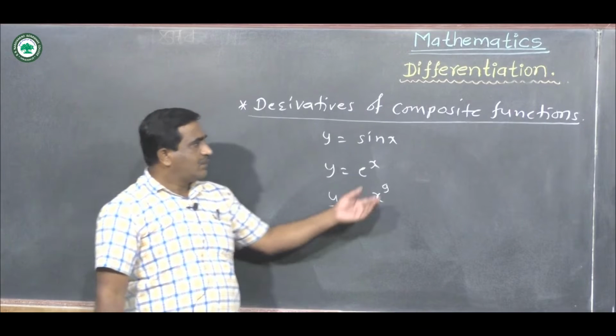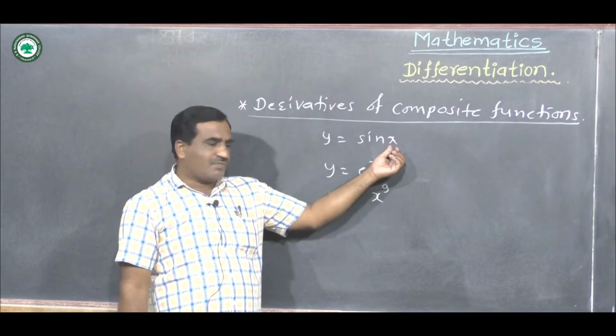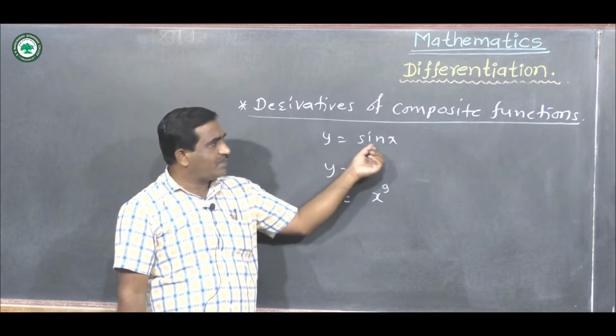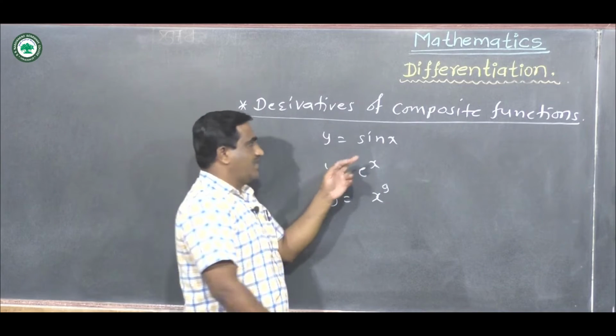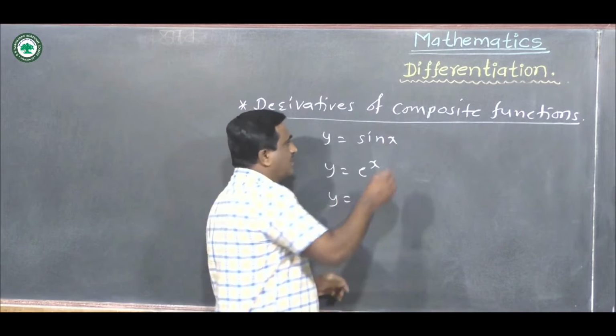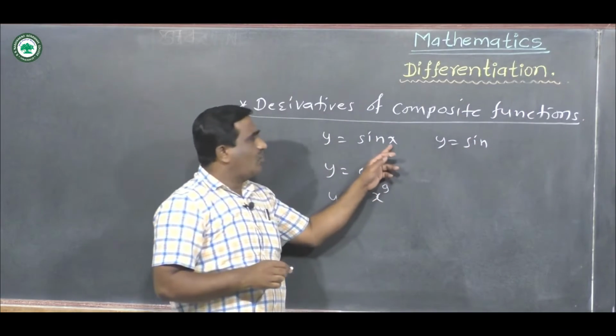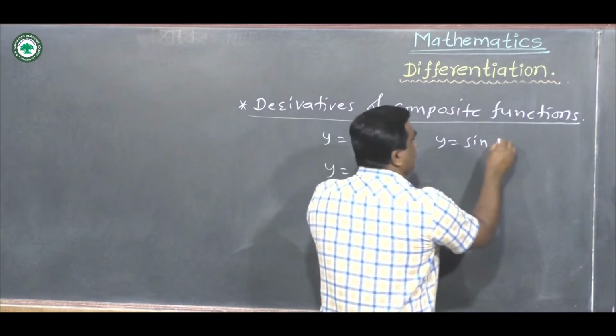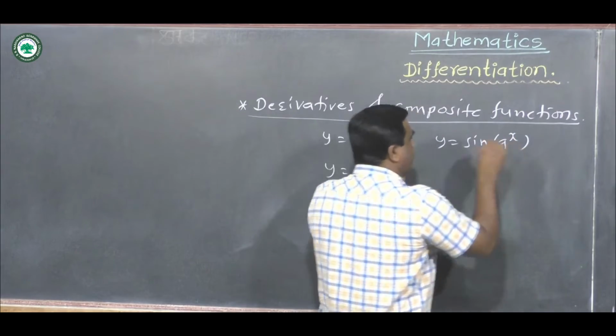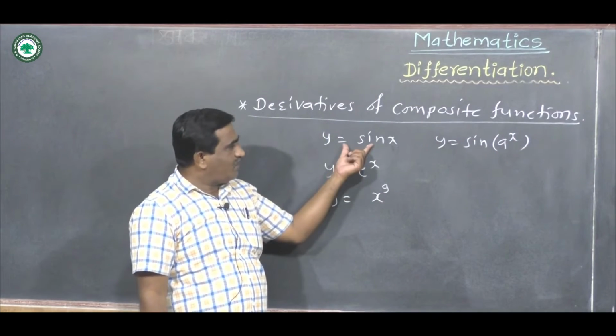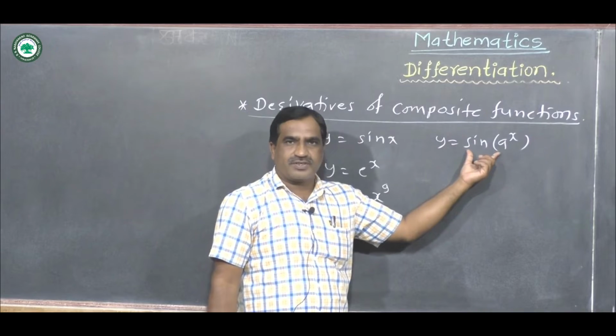If we write any other function instead of x here, then this function becomes a composite function. Like this, if we change this x, y equal to sin of, instead of x we can write a raised to x. Now this is a simple function and this is the composite function.